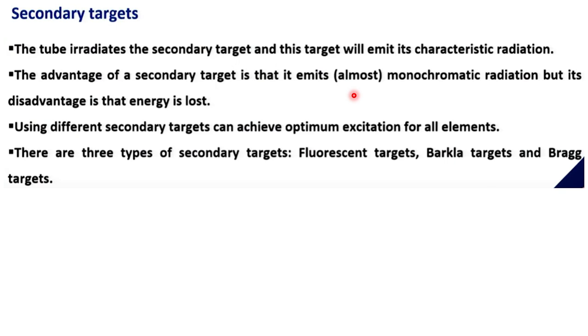Using different secondary targets, one can achieve optimum excitation for all elements, so if a large number of different elements are present, it will be helpful. There are three types of secondary target: fluorescent target, Barkla target, and Bragg target.